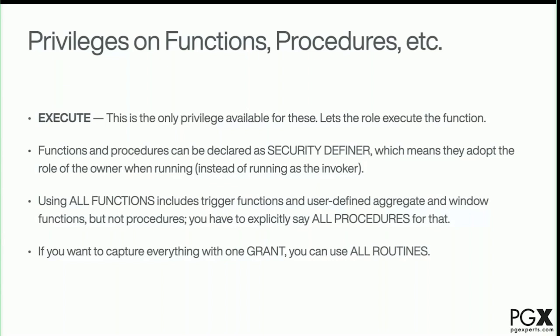A procedure is a top-level construct, relatively recent in Postgres, that can do transaction control, things like that. It is used with the create procedure keyword. They're generally thought of as kind of the same animal, but in this case, they're different. So if you grant execute on all functions, you have to remember to explicitly grant them on all procedures, or you can just say all routines, which does both.